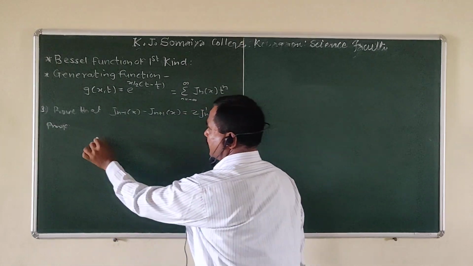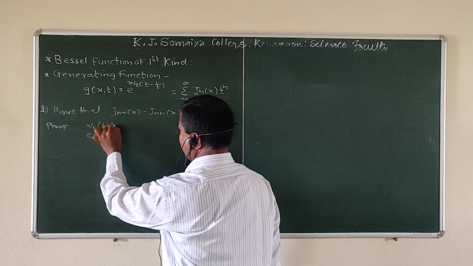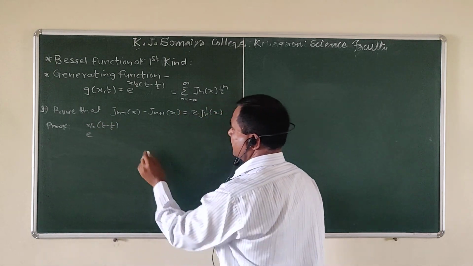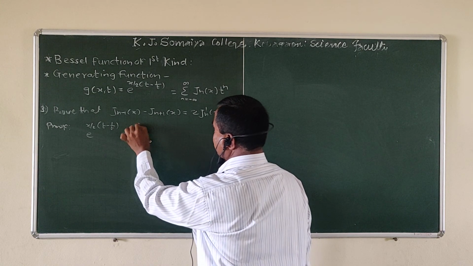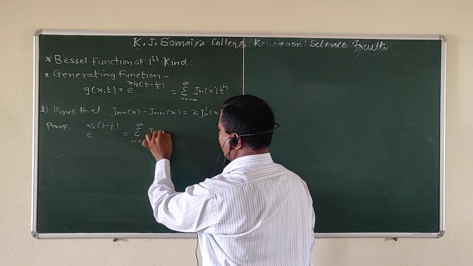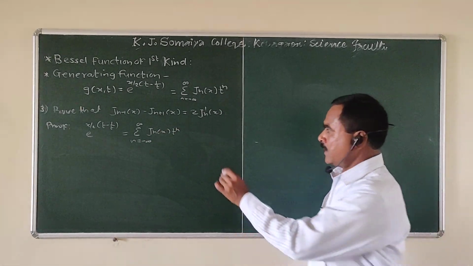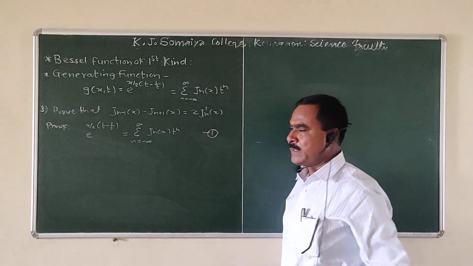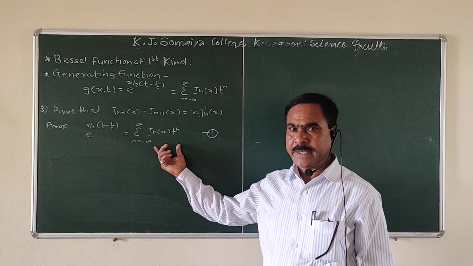First we write generating function e raised to x by 2 in bracket (t minus 1 by t) equal to summation n from minus infinity to plus infinity Jn of x t raised to n. Right? Name this equation first. Then we have to differentiate equation first with respect to x.